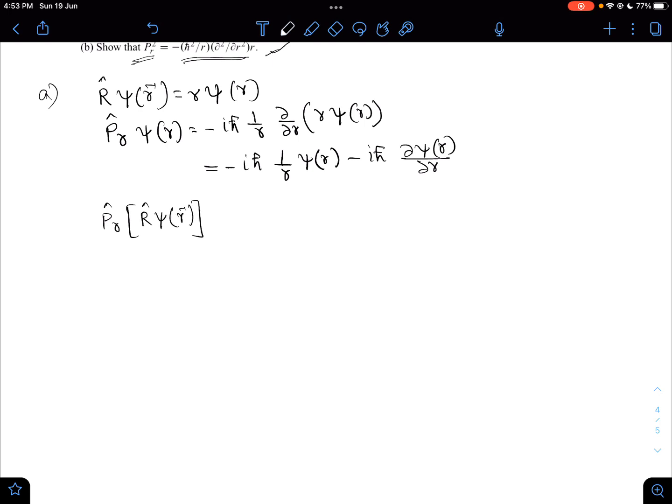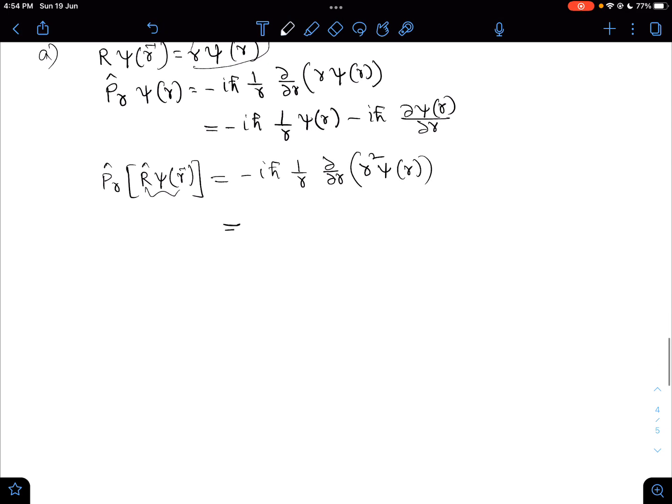And what will be the value of PR r psi? PR r psi r will be minus i h cut 1 by r del del r of r square psi r.